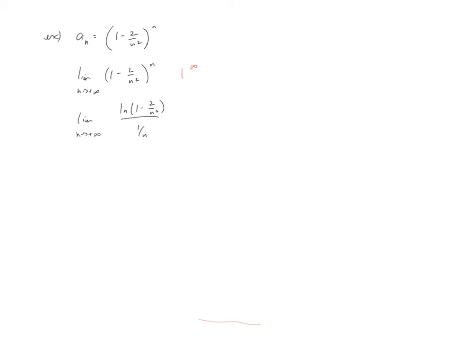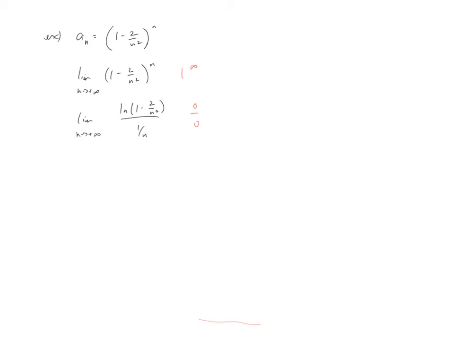So again, I logged it, I brought that down, and then I flipped it around to the 1 over n here, so that we can now view it as a 0 over 0 once we evaluate at positive infinity. Okay, so if you need to go off the side of your paper and work that out, feel free.